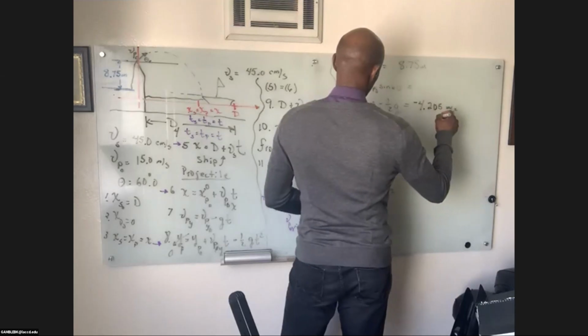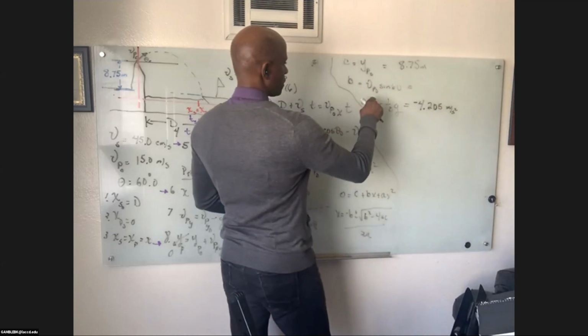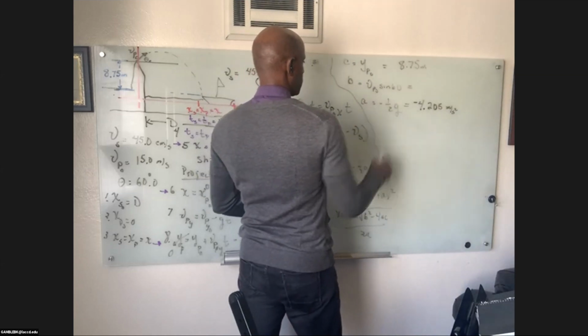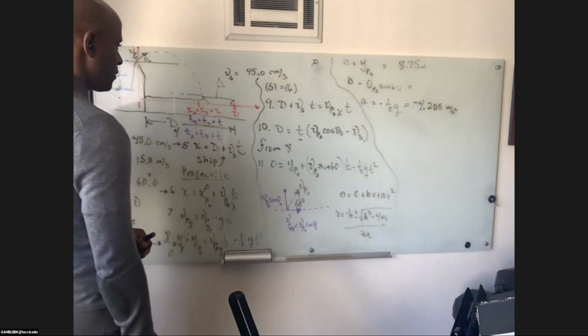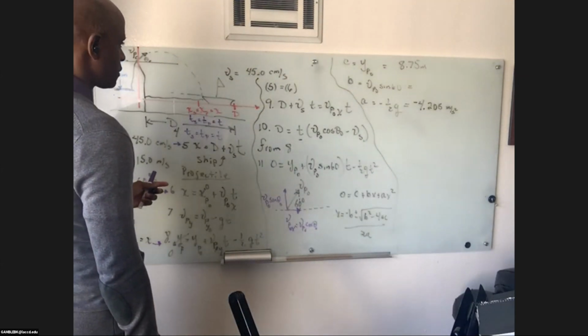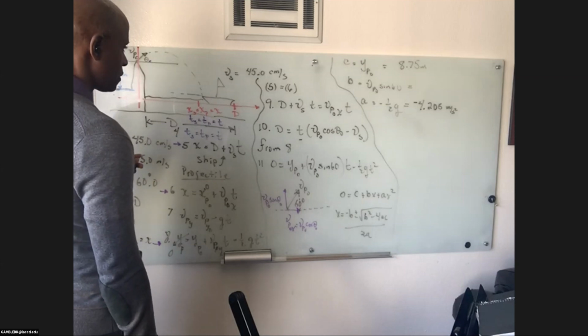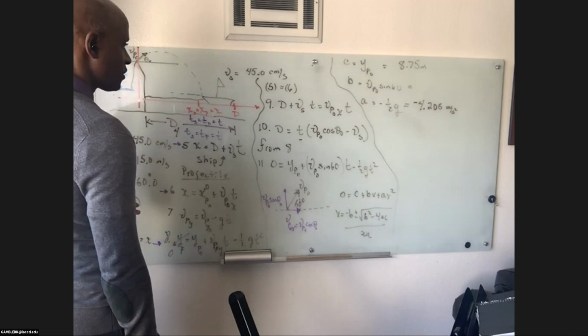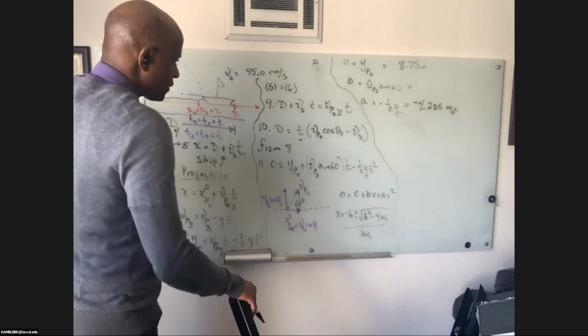All right. Oh, and what's this guy? VP. So that's, be careful, you got to convert it too. That's 15 meters per second times sine of 60.